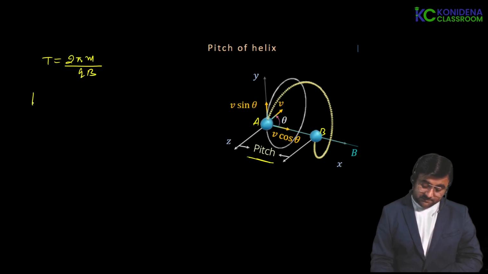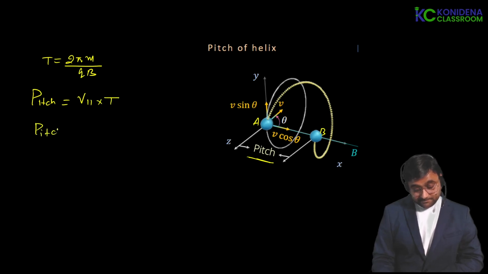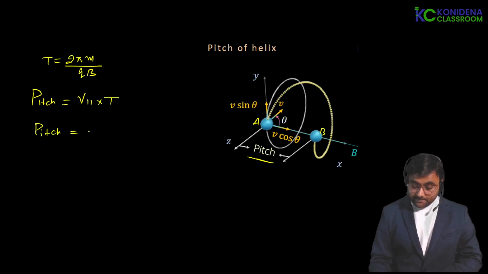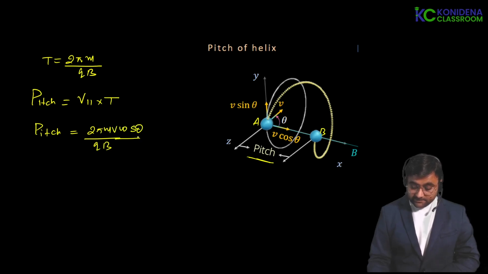So the pitch is going to be v parallel times time. That means pitch going to be 2 pi m by qB times v cos of theta. This is the pitch.